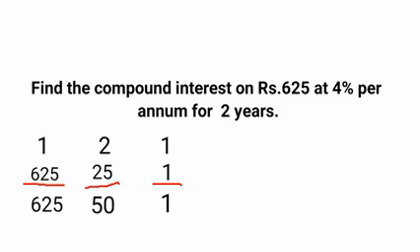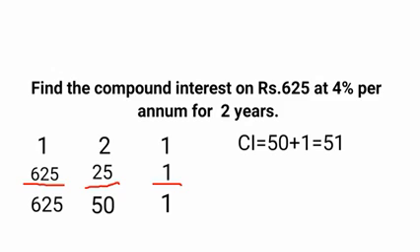Here we are asked to find out the compound interest. So leave the first column and add all the values in the rest of the columns. Here there are 2 more columns left. So the compound interest will be obtained by adding the values in the second column and the third column. That is 50 plus 1. You will get 51.